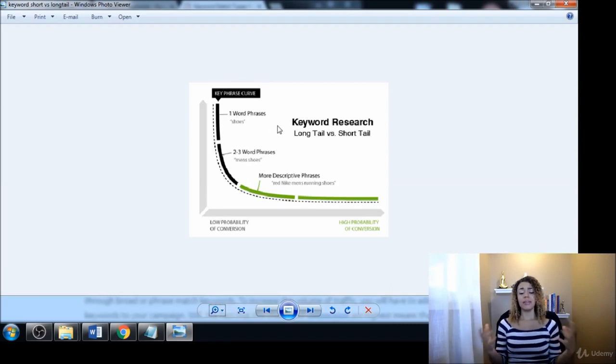Even digital marketing, you probably wouldn't want to go after that term because there's just going to be so much competition that you wouldn't ever get a chance to rank for it. And what point is it to go after a term that you have no chance of ranking for? It's just a waste of time and energy.